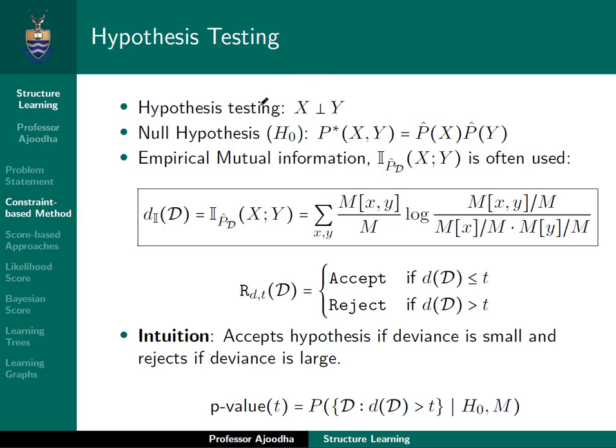In hypothesis testing, we test a hypothesis, and the hypothesis here is that X is independent of Y. The null hypothesis is that P star, the empirical joint distribution of X and Y, is equal to the empirical distribution of X multiplied by the empirical distribution of Y. This just means that they are mutually independent.